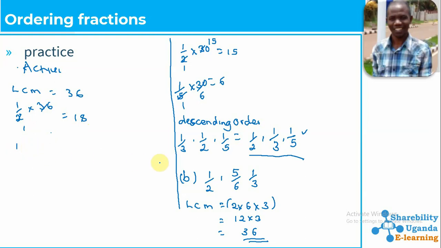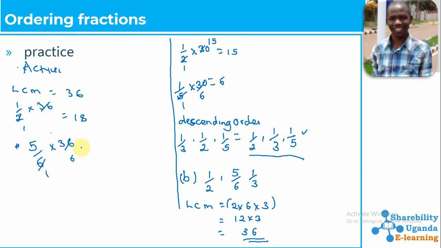So we also get another one, which is 5 out of 6. It's going to be 5 out of 6 times 36. So what is 1 by 6? 36 divided by 6.